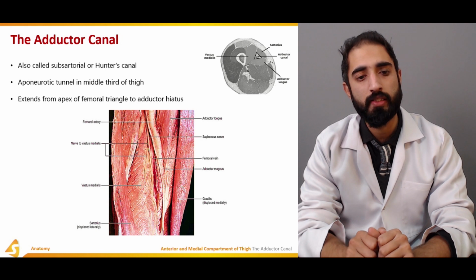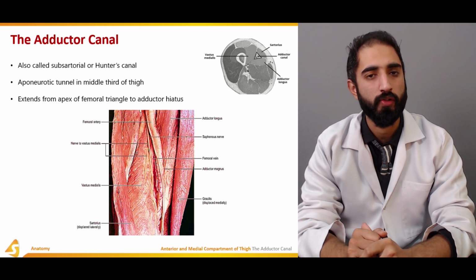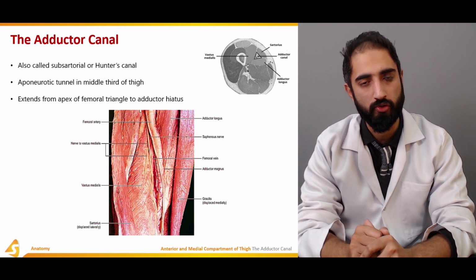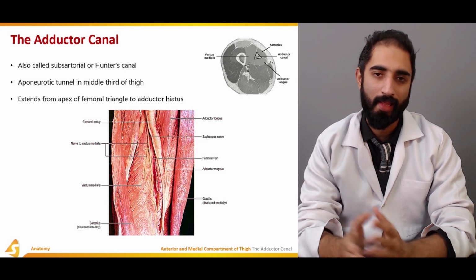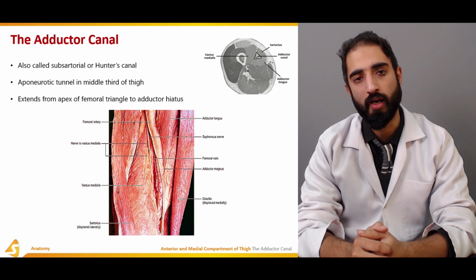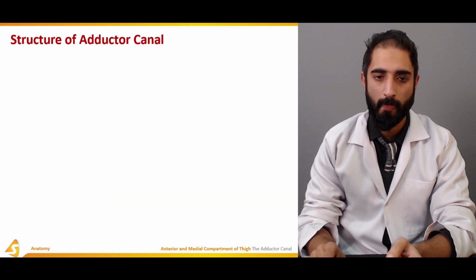It extends from the apex of the femoral triangle to the adductor hiatus. So we can say that the start of the adductor canal is from the femoral triangle and the end of the adductor canal is at the adductor hiatus.